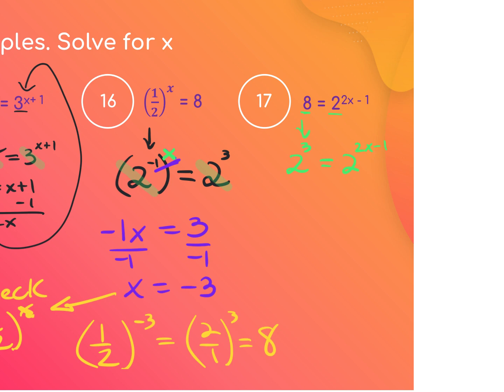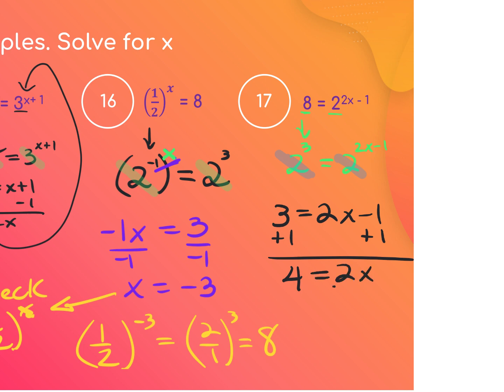Now that I have the same base, I can get rid of the 2's, and I set the exponents equal to each other. So 3 is equal to 2x minus 1. We go ahead and add 1 to both sides. 4 is equal to 2x. Divide by 2, and 2 is equal to x.